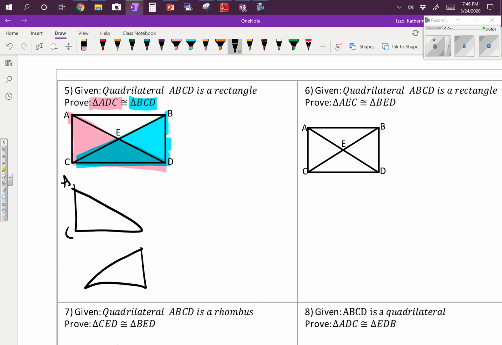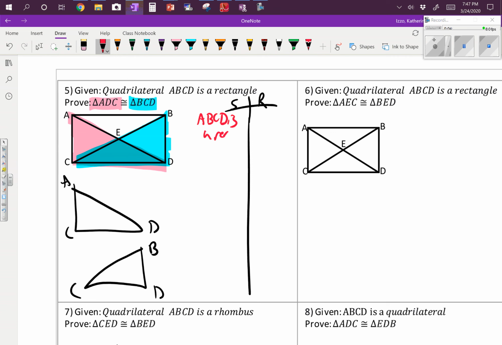So ACD and CDB. From my next statement reason chart, first thing: ABCD is a rectangle. Given.